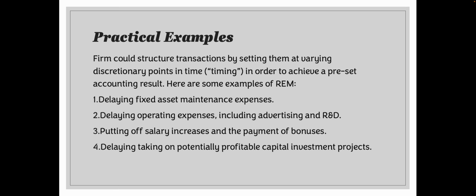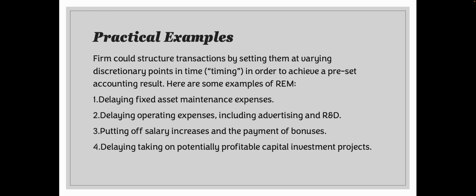Now the practical examples. This is not comprehensive, but just to give an idea of how management carries out such earnings management practices. Usually firms structure their transactions by using different time points to realize expenses to achieve a preset accounting result.